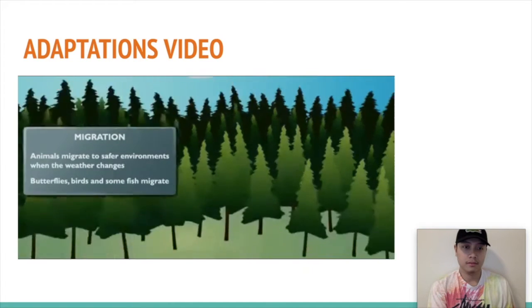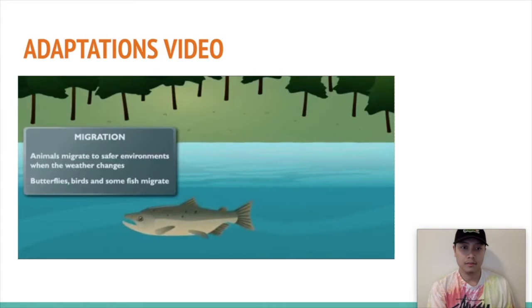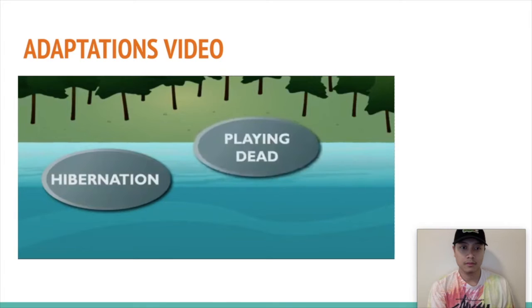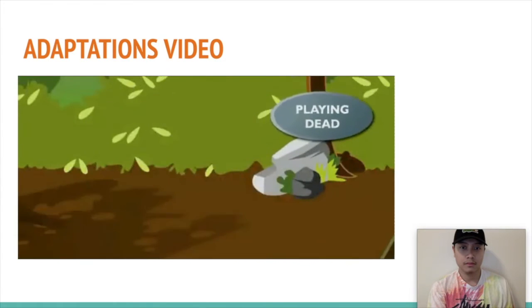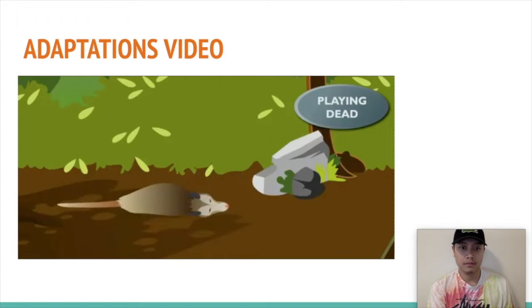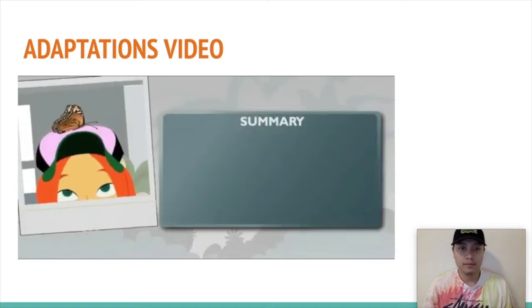Birds migrate too. Even some kinds of fish, like salmon, migrate. Are there other inherited behaviors? Yeah, hibernation is an inherited behavior. So is playing dead. Playing dead? That's right. Animals, like the possum, play dead to protect themselves when a predator is near. They freeze. Freeze! Wow, great pic.